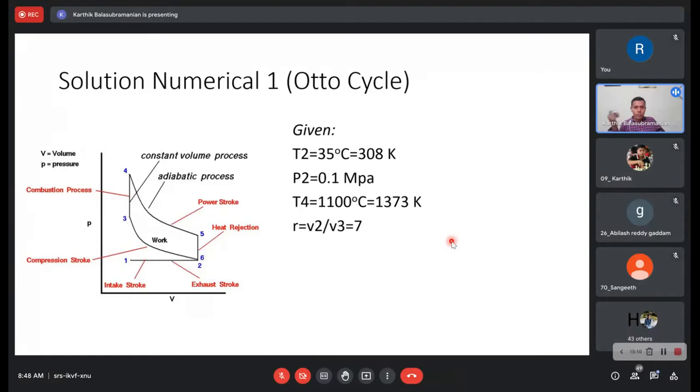So what's the value of P3 and T3? Has anyone found out? Someone putting it on the chat box.